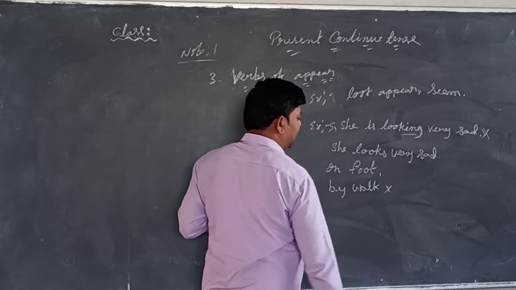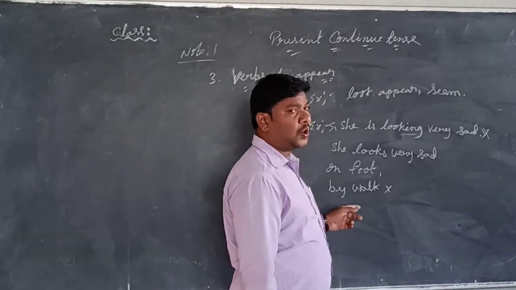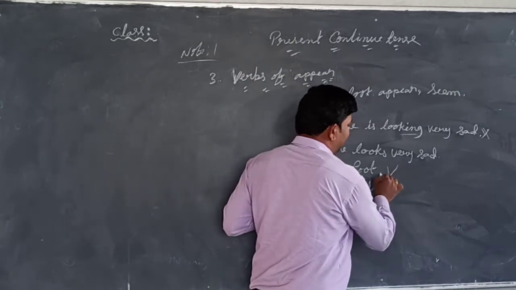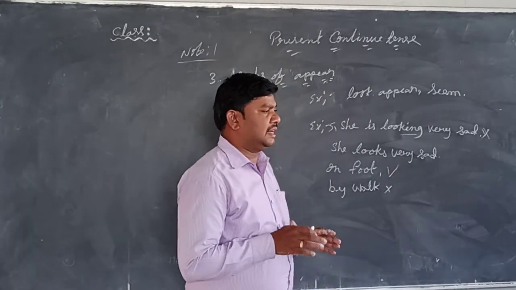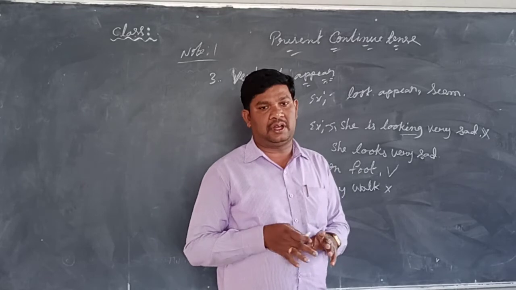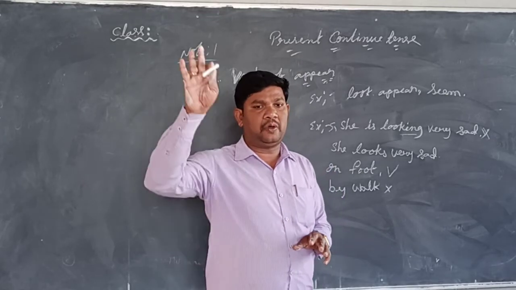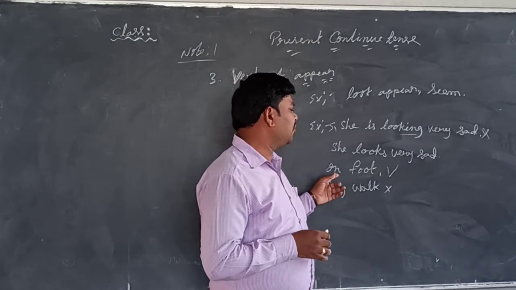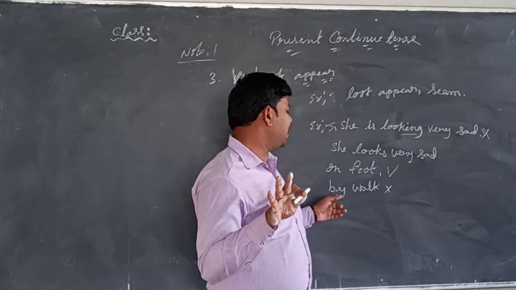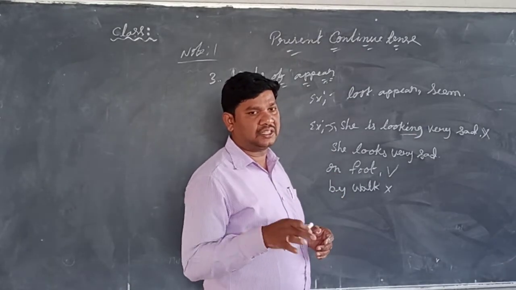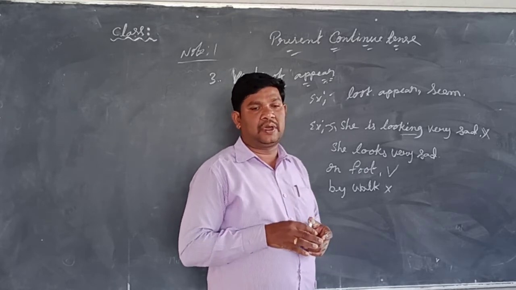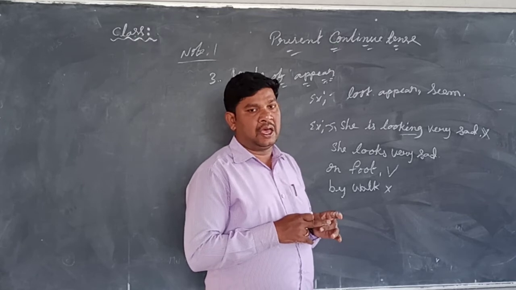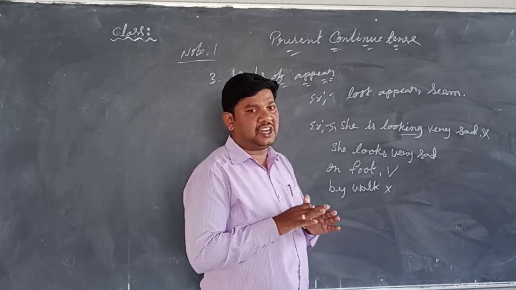Generally, we can say this is colloquial language, which does not exist in grammar. In competitive exams also, they ask this question. So on foot is the right one; by walk is wrong. For travelling, we can say by bus, by car, by bike, by train, but not by walk.